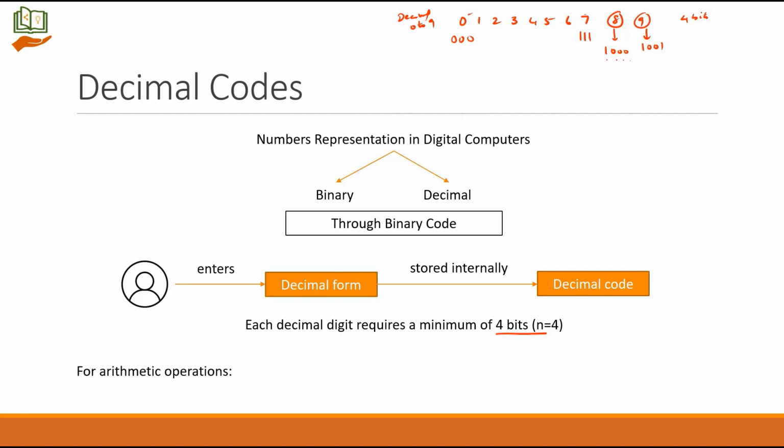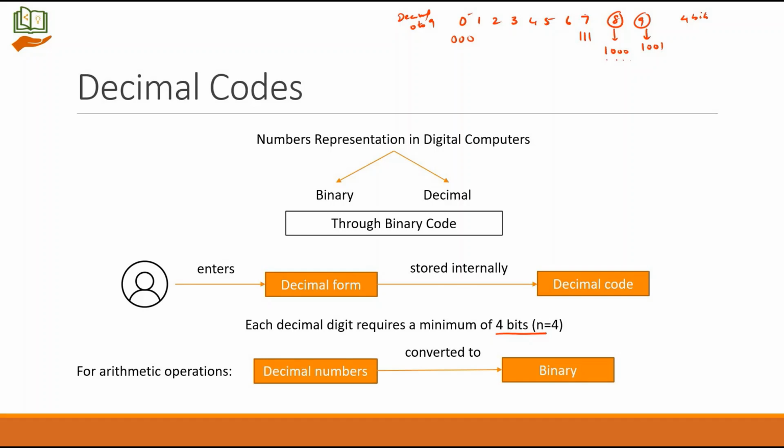For arithmetic operations, decimal numbers are converted to binary and then the operations are done. In the previous videos, we saw converting decimal to binary. And here they have mentioned something as binary code. Binary conversion, binary code. Are they the same? Let's see the difference.